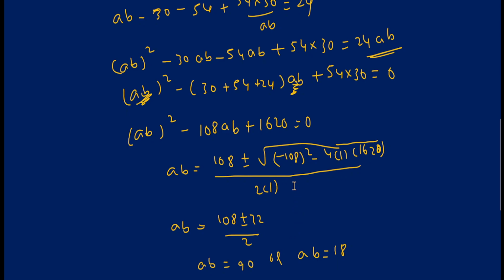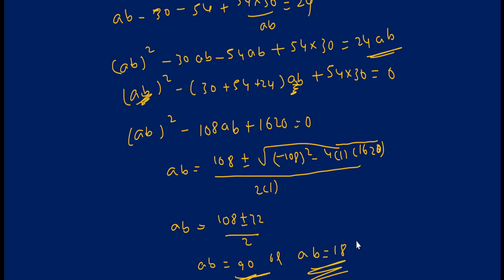I have solved the equations for you and forwarded the video, but it is important for you to solve until the last step in your exams. So I simply substituted in the standard formula and got two values for AB. One is 90, one is 18.